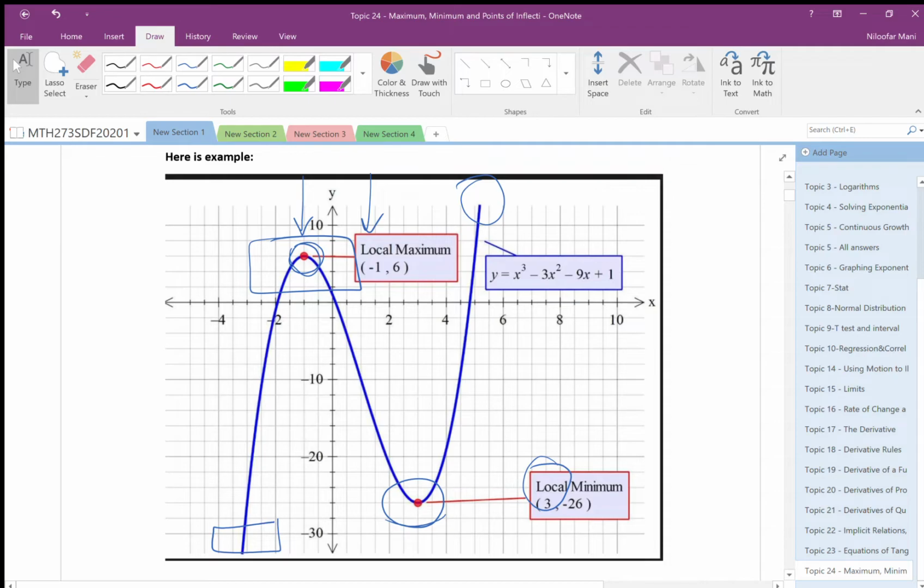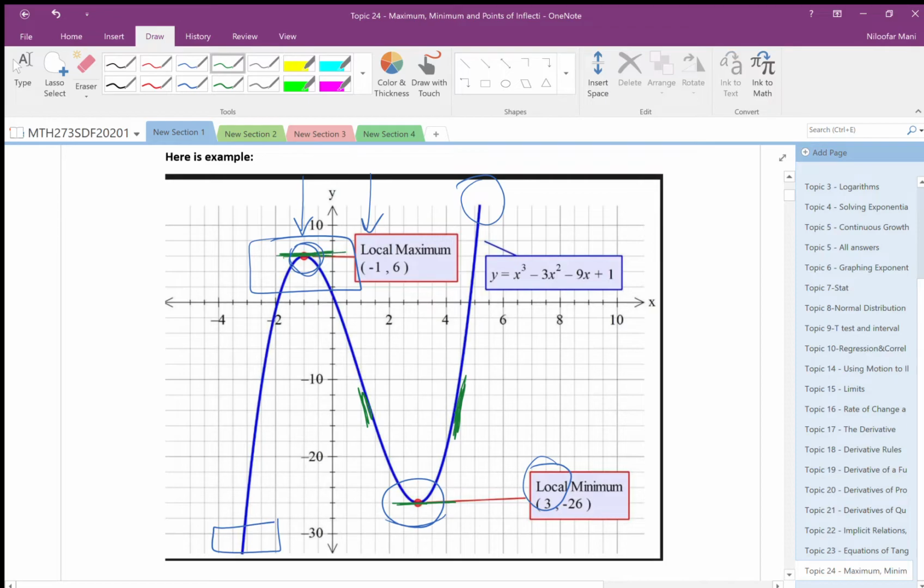See, for example, for this point, this is the tangent line, and the slope of the tangent line is something positive. For this point, the slope of the tangent line is negative, and for this part I can see this is the tangent line, and for this part this is the tangent line.